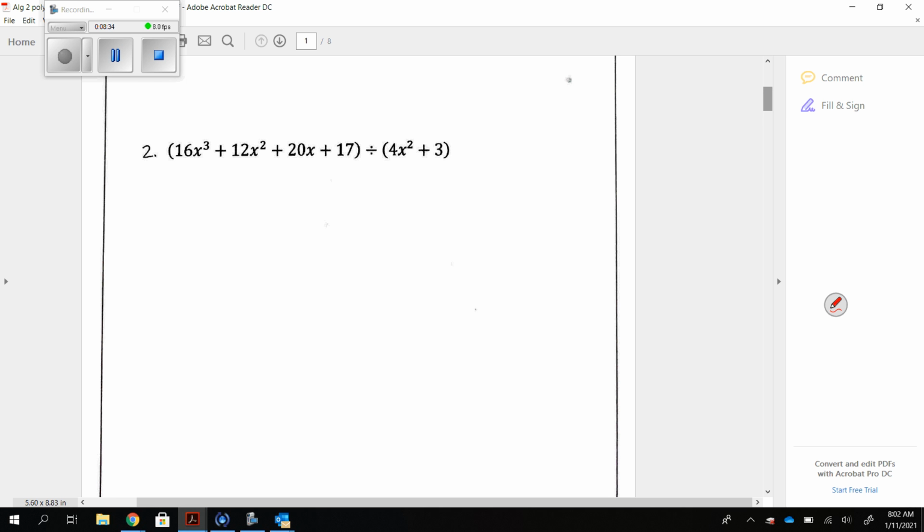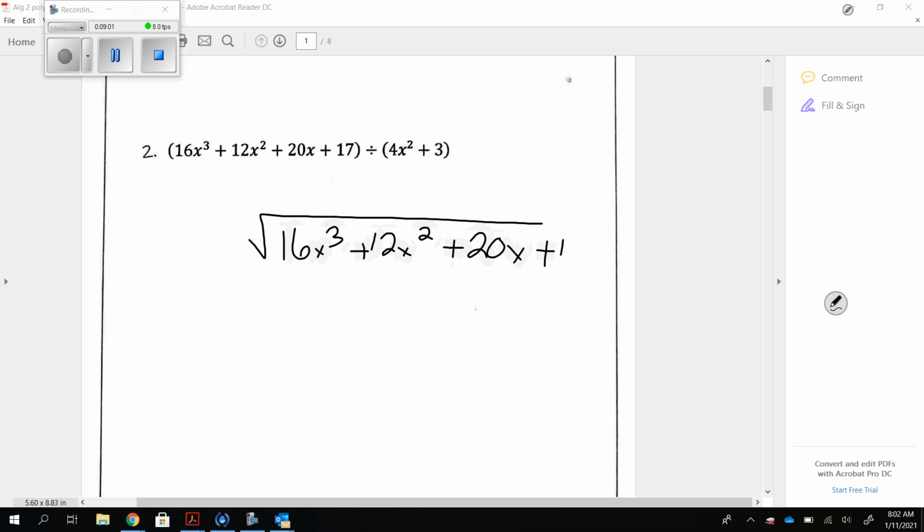All right, we see it's a higher degree now. We have x cubed and then x squared. Looks a little bit trickier, but it's not. It's the same steps. So write it out. 16x cubed plus 12x squared plus 20x plus 17.